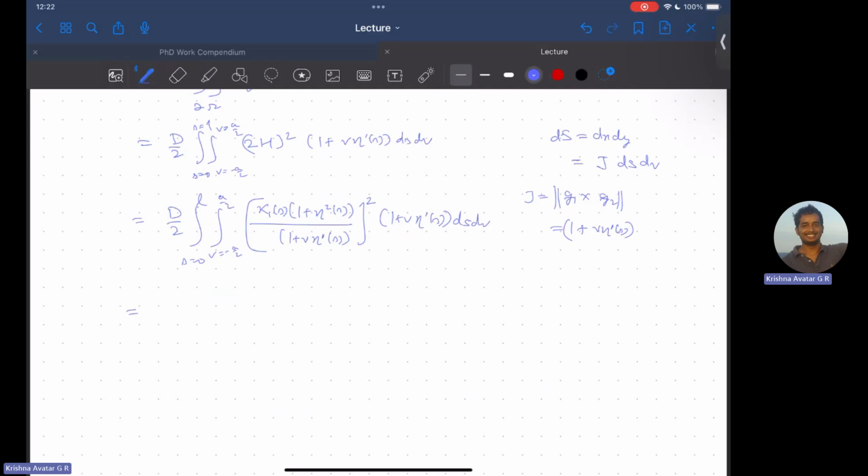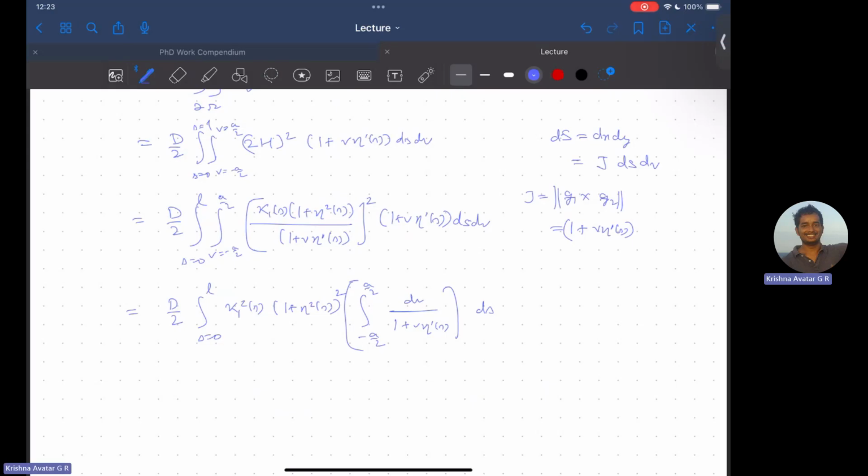and then we can write it down in terms of s equal to 0 to l of eta squared by 1 plus eta squared of s, and then the integral from minus a by 2 to a by 2 for v, dv by 1 plus v eta prime of s, squared as well, into ds.